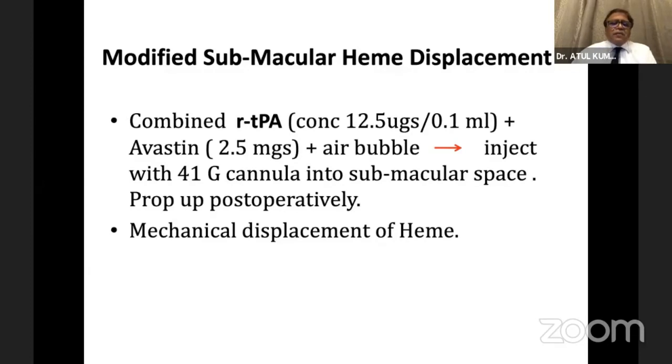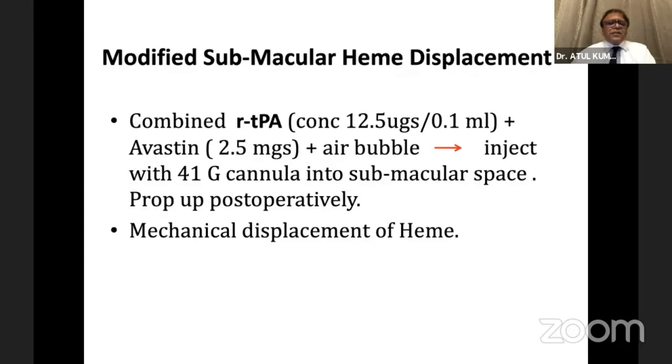So anyway, I like to use the TPA, which is available as Actilyse from Boehringer Ingelheim, and throughout India it's available as a dose of 12.5 micrograms in 0.1 ml. I give about 0.2 ml. Avastin I give double the dose; 1.25 milligram is the standard dose, I give 2.5 milligram, which is 0.1 ml, plus some air, 0.2 cc of air.